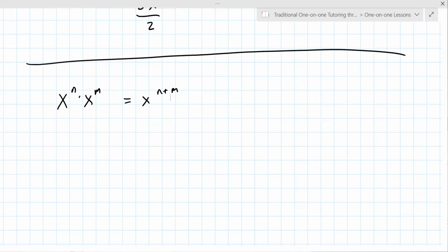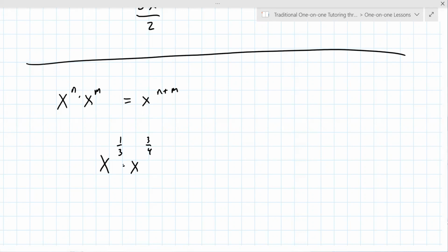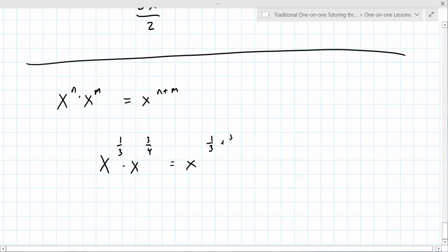Okay, but they're never going to give you one that's that easy. So let's say I give you x to the 1/3 times x to the 3/4. I want you to simplify that, please. I don't know how to do that, to be honest. Okay, so you're adding the exponents, right? 1/3 plus 3/4.